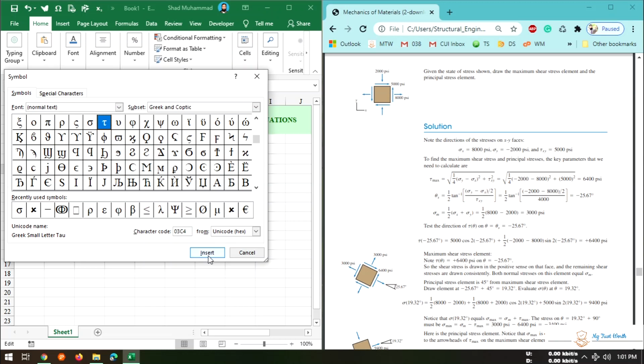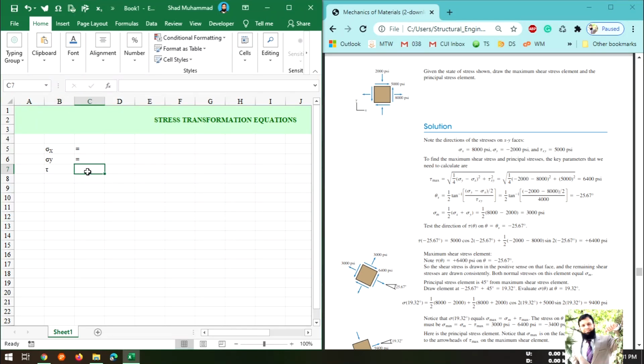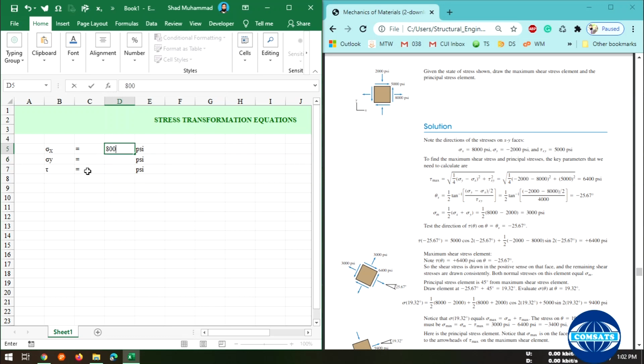This is tau, and this is your code 03C4. Tau is equal to, its values are in PSI, and what about this one: 8000, minus 2000 and 5000.